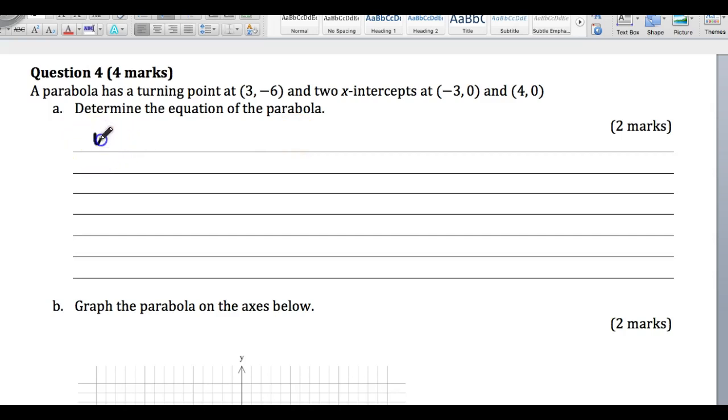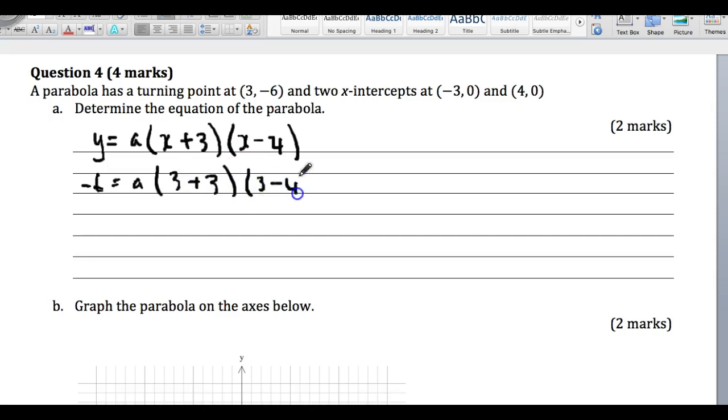For this one, I would put it in this form: a times x plus 3, x minus 4. In factorized form, because I know these x-intercepts. I just don't know what a is, so I can substitute these values in. If y is negative 6, x is 3, so a times 3 plus 3, 3 minus 4, and I just solve for a.